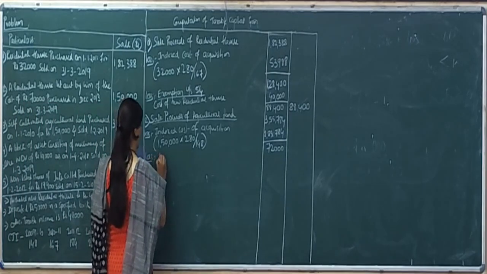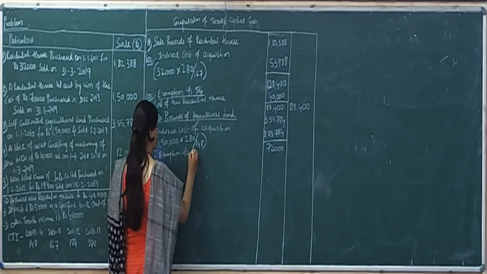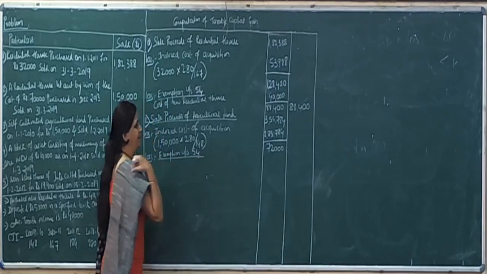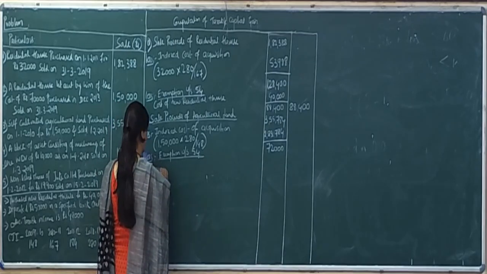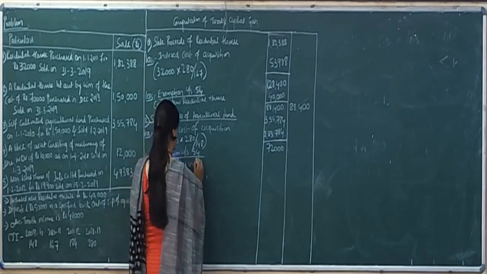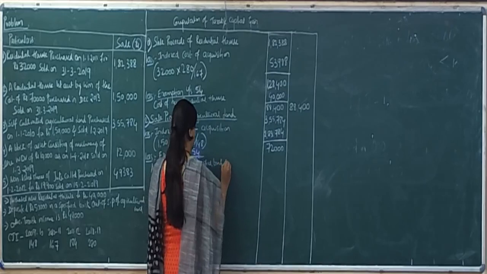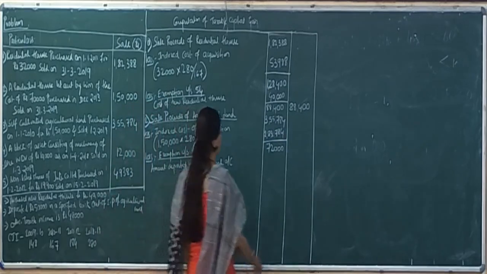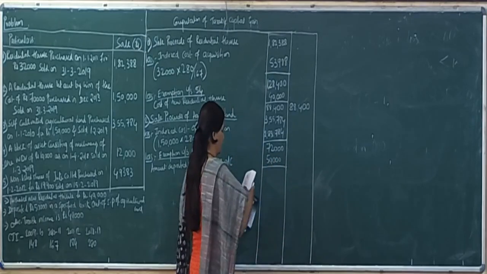So here we can write less exemption under section 54B: the amount deposited in a specified bank account is rupees 50,000.